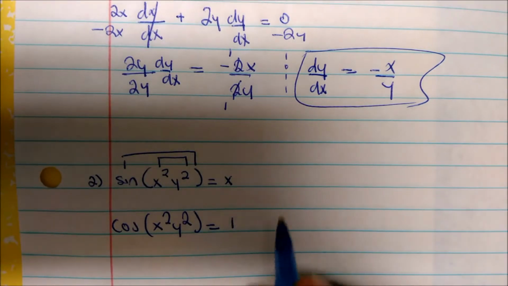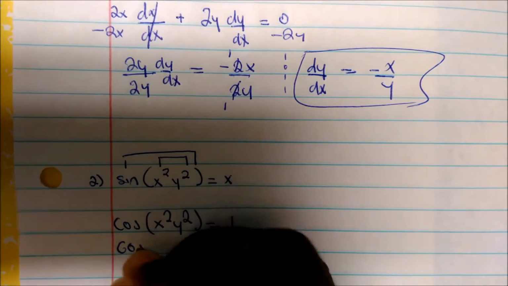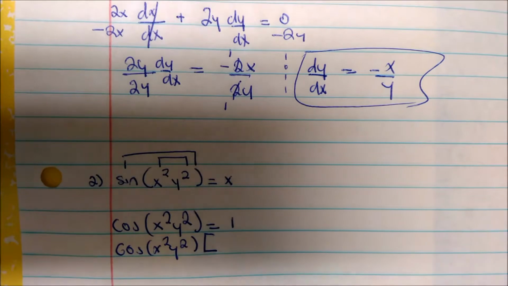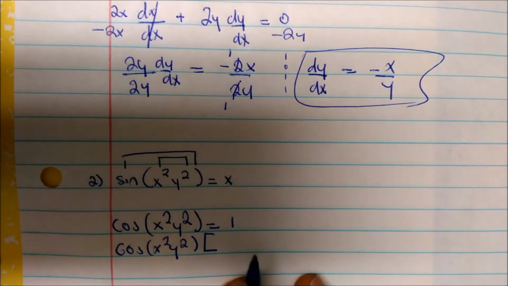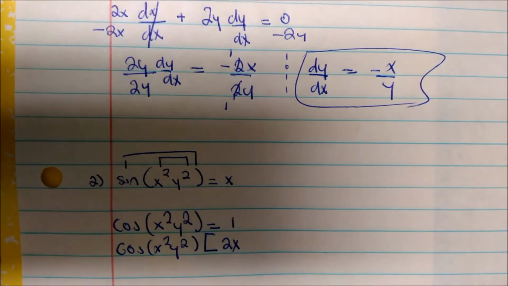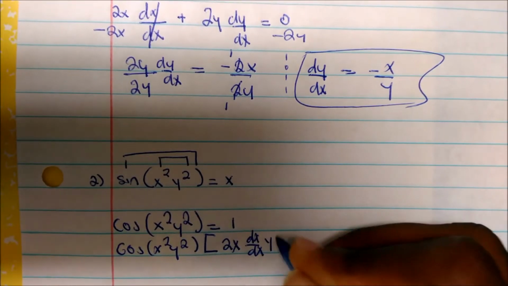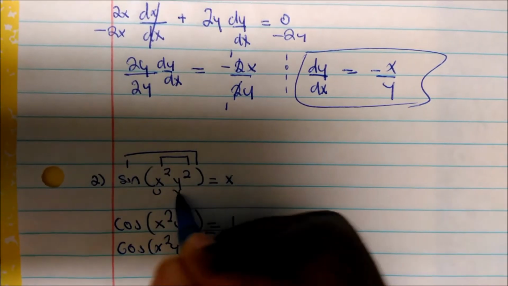So with that being said, cosine of x squared y squared is going to be multiplied, because remember, when we're taking the chain rule, we got to multiply by the inside. And this is just a product. So again, 2x dx times y squared. I could treat this as u and this as v.